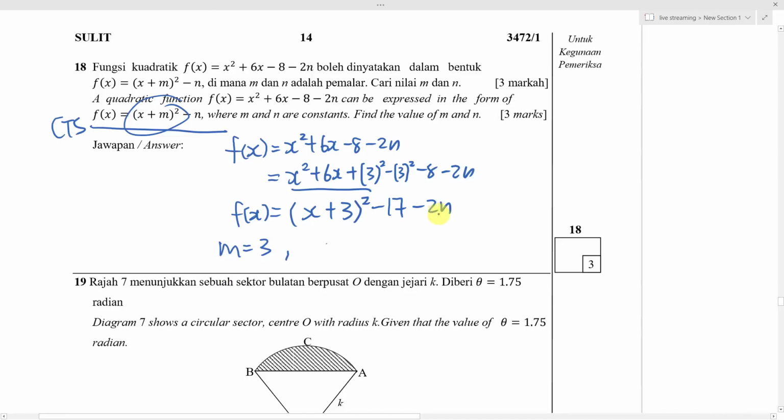And my negative n equals negative 17 minus 2n. So move here, I will have n equals negative 17. I hope it's correct.